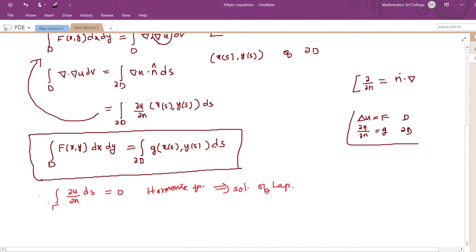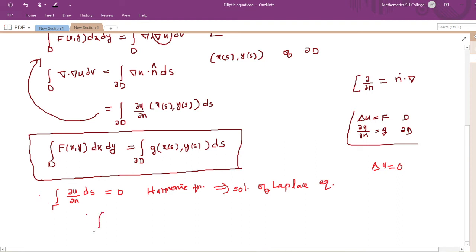So in the Laplace equation, this f term is not there. It is Δu = 0, so f is 0 here. If you apply this in the theorem, you will get f equal to 0, so the RHS is 0. In the theorem, g is nothing but ∂u/∂n, the derivative with respect to the normal.